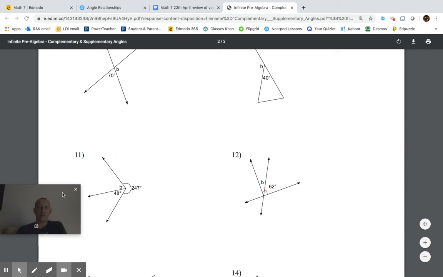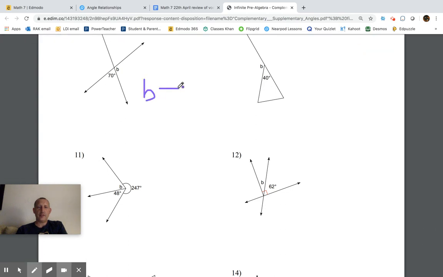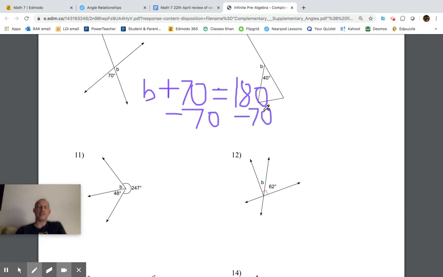That line's not curved. So I know that B plus 70 is going to equal 180. Because B plus 70 are supplementary, they have to add up to 180 degrees. So I'm just going to subtract 70 on both sides, and that'll give us our answer.